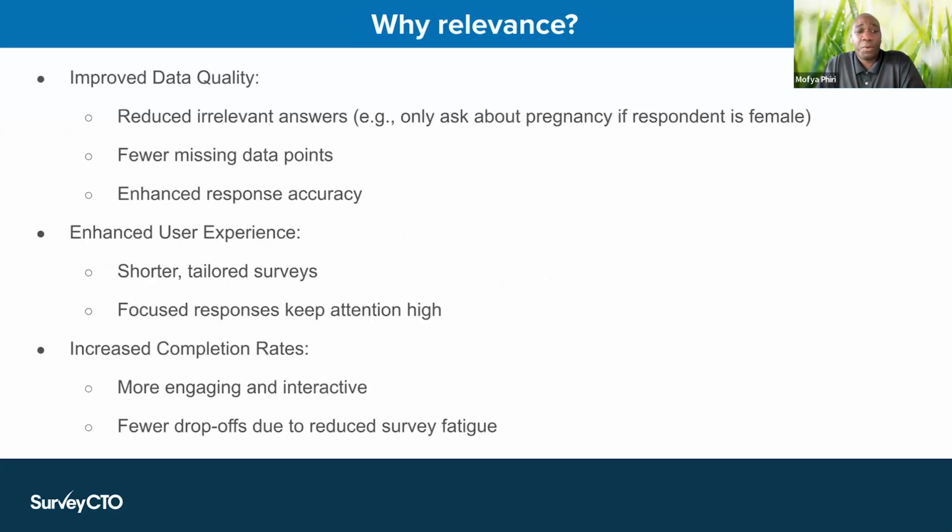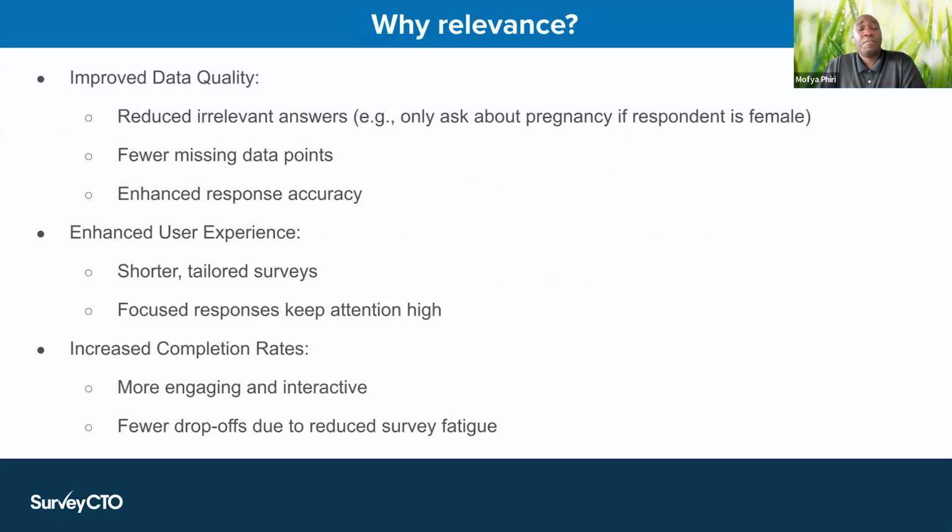Why is relevance important? When you apply relevance in your forms, it's going to give you quite a number of benefits. One of the first benefits is improved data quality. Because you're limiting the questions to only those that are relevant to each respondent, you're going to reduce irrelevant answers.